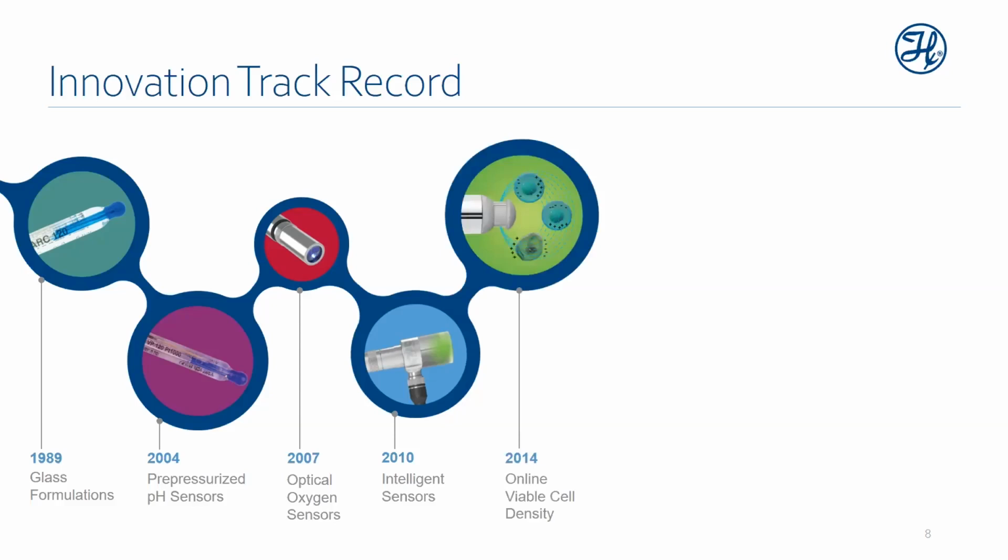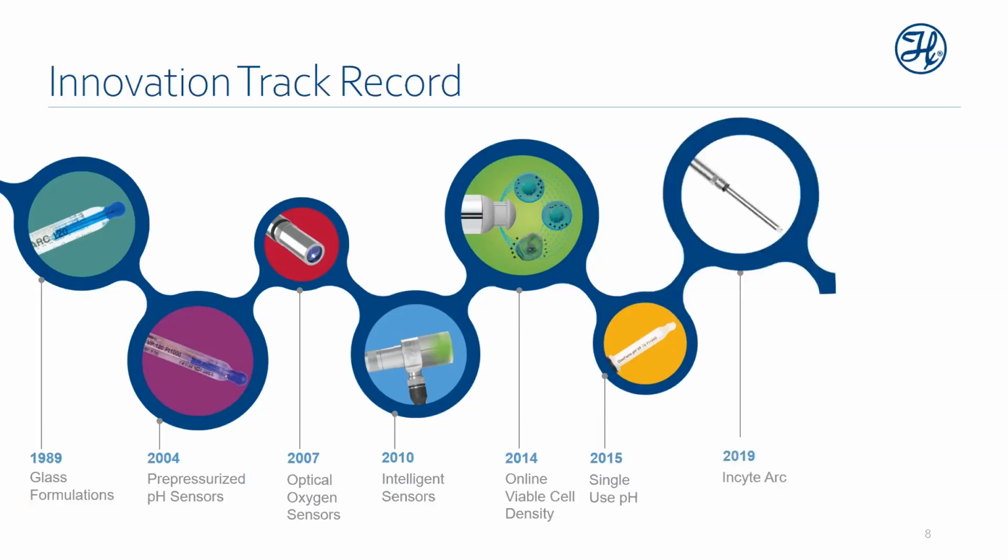We also acquired online viable cell density measurement for VCD in process, as well as providing single-use solutions, not just pH, but also DO, conductivity, and VCD in the single-use format. And we don't just take a single technology, we try to successfully iterate on it.